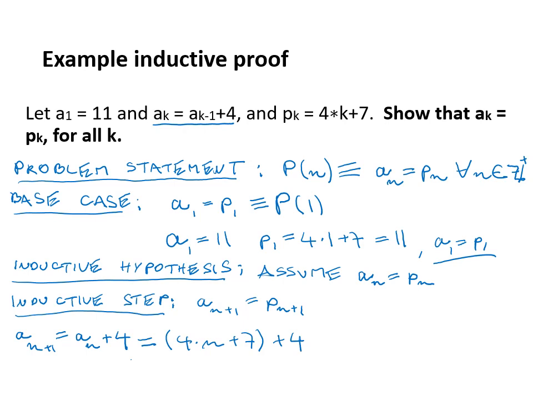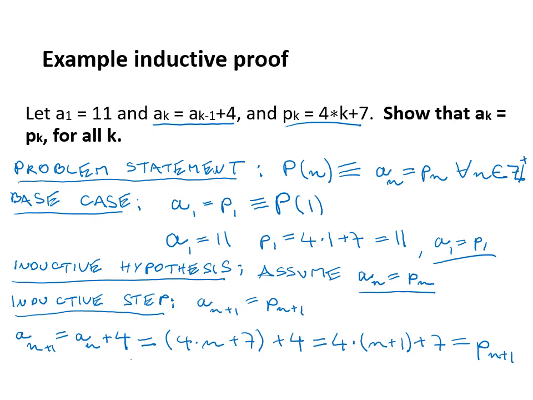So we used the inductive hypothesis here, and we substituted A of n with P of n, which is equal to, if we look at the definition, 4 times n plus 7. So now that is equal to 4 times n plus 1 plus 7, which is equal to P of n plus 1.